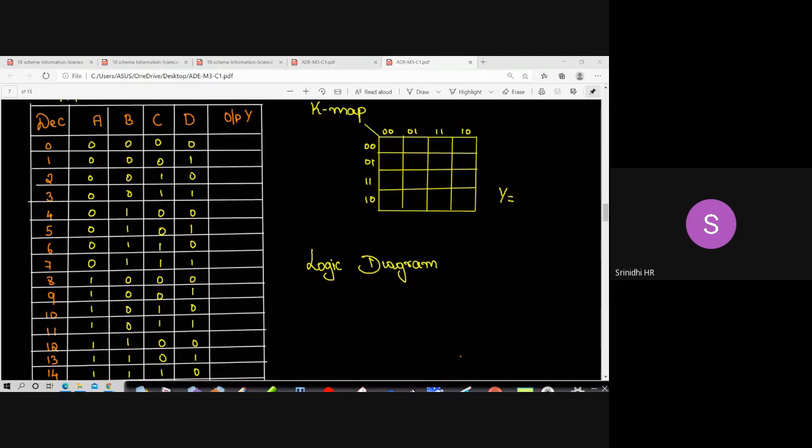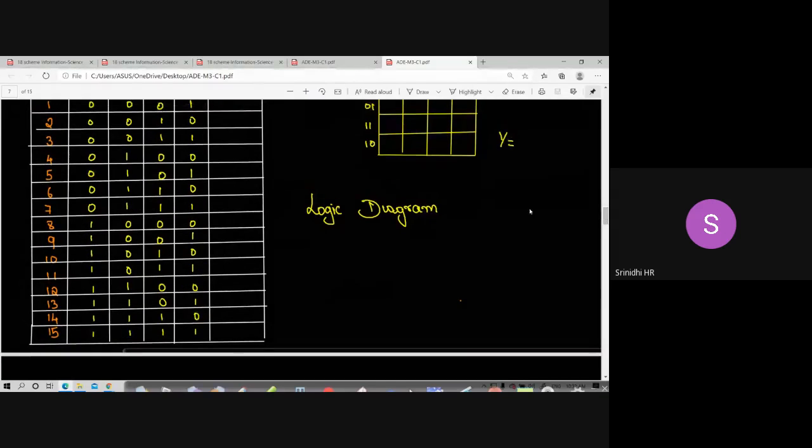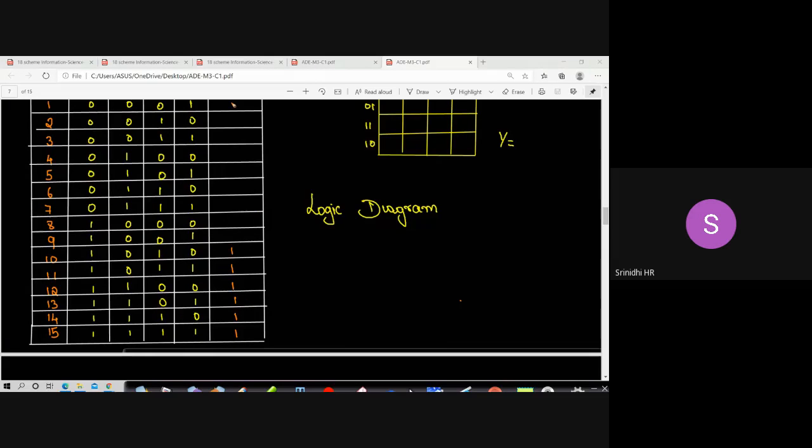For all the invalid BCD numbers, the circuit output must be high. The invalid BCD numbers are 10 to 15, so I'll represent them as 1. For all other combinations, the output will be 0.